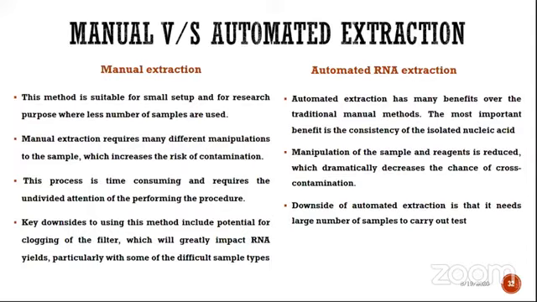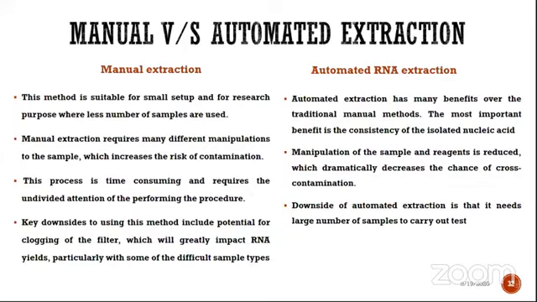So RNA extraction by automation with a large number of samples is very beneficial. But this is the downside of the automated extraction machine: if we do not have a large number of samples, and we have a machine and a kit but only 2 or 3 samples, we go for manual extraction.